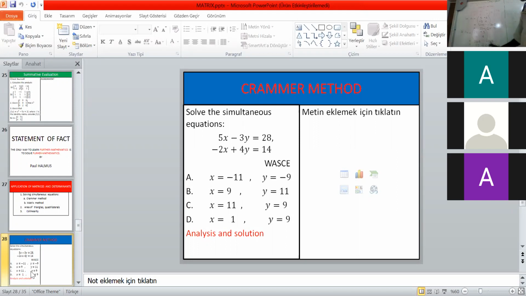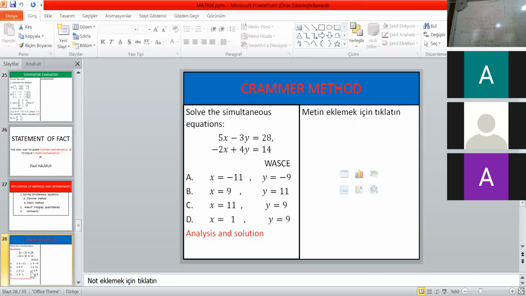But minus in math gives you plus. So 28 times 4, we obtain this, then 3 times 14, we obtain this. If you sum this, you obtain 154. Therefore, x is delta x against delta, so 154 against 14. So the value of x is 11. Bingo.